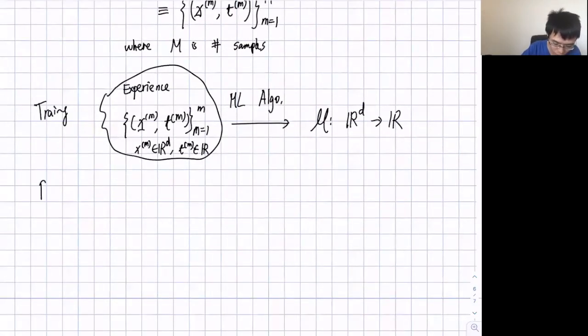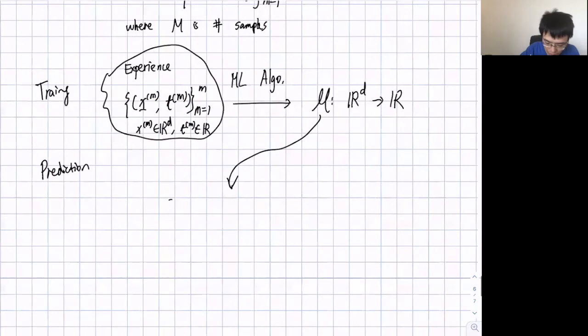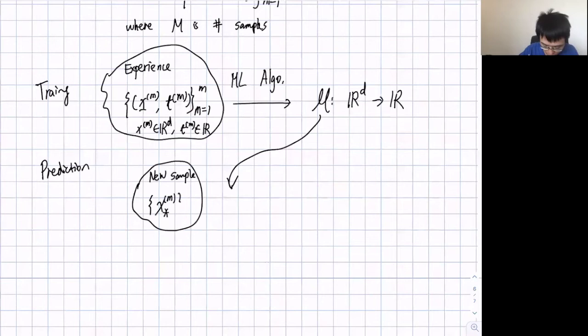And during prediction, I would just like to apply this model here. And I have a new sample, X star. So this is my new sample. Or maybe you have many, so you have a set of new samples. So I would say this is X star^m, maybe m from 1 to some other number.